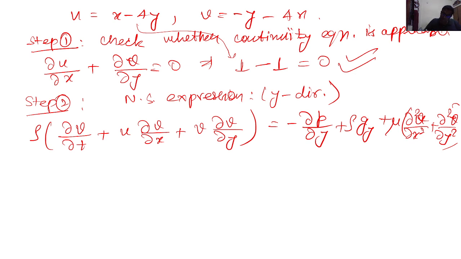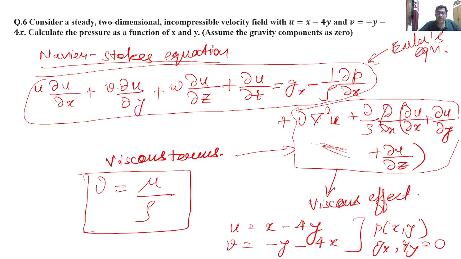First of all, the body force component is to be neglected, so it is 0. Secondly, it is a steady flow, so this will again be 0. So we are left only with this. In case you are wondering how this expression appeared, it is very simple: in the last slide, we just substitute the kinematic viscosity with the dynamic viscosity.